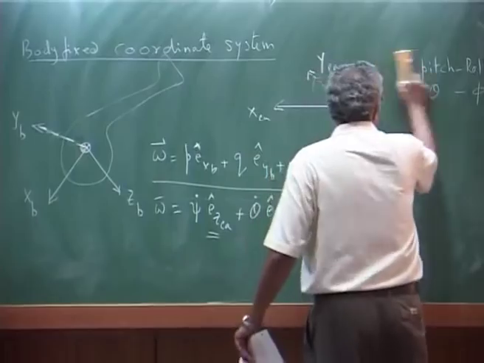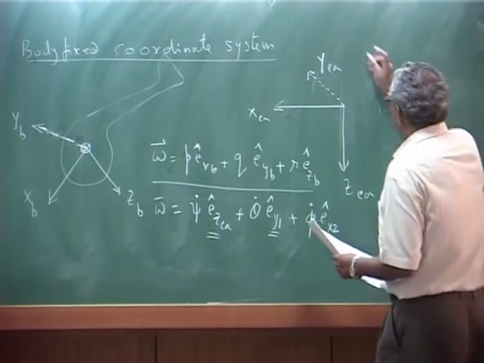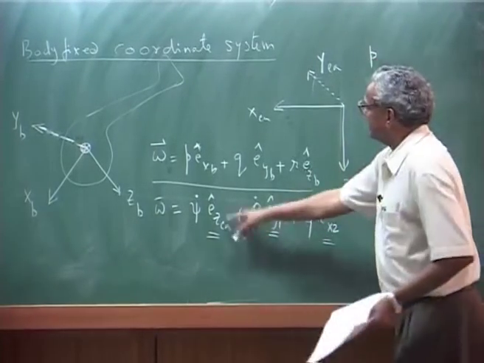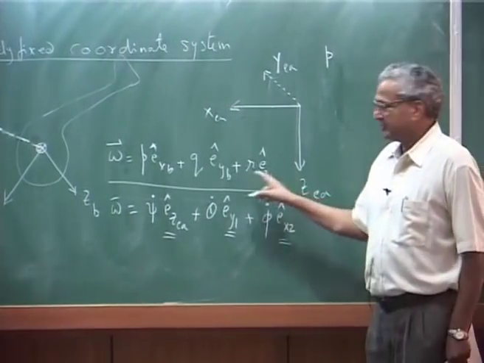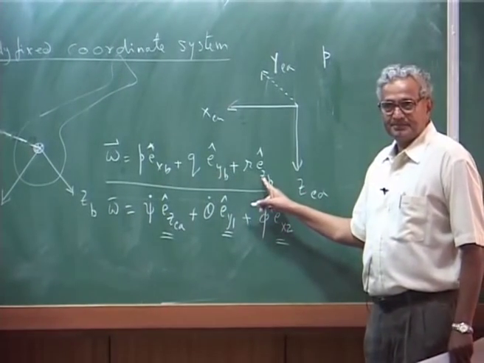Maybe I erase this part, here I will write. The relationship is, finally you convert everything into xb, yb, zb.